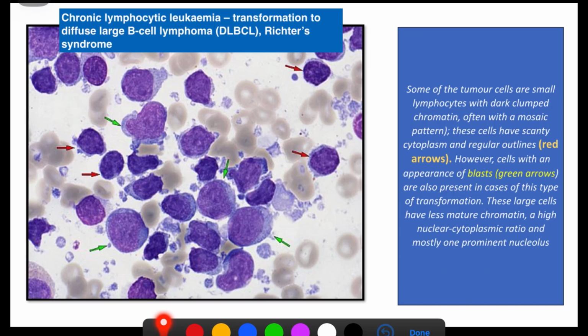Here also this is a CLL transformed to DLBCL, which is Richter's syndrome. These lymphocytes show clumped chromatin and a soccer ball appearance, while these are the large cells with prominent nucleolus, and here blast cells have cytoplasmic processes, irregular nuclear membrane, and an aggressive look.